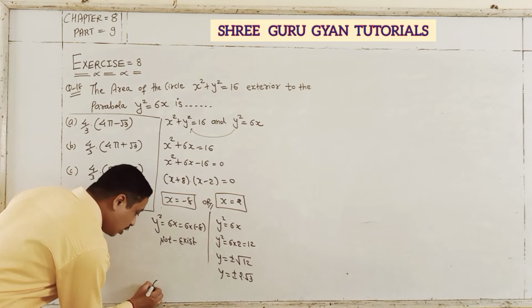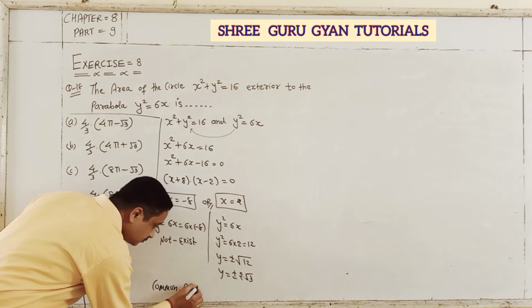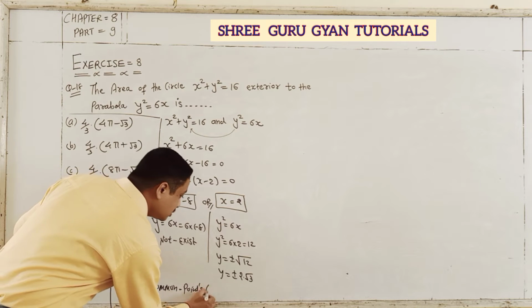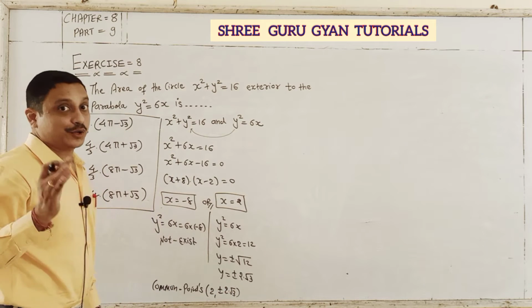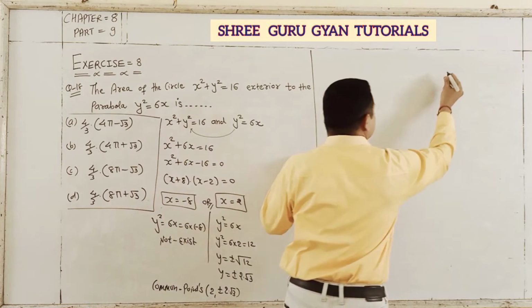It means students, the common points are ready: 2 comma plus or minus 2 root 3. In short, my drawing is ready. So I will now show my drawing properly.